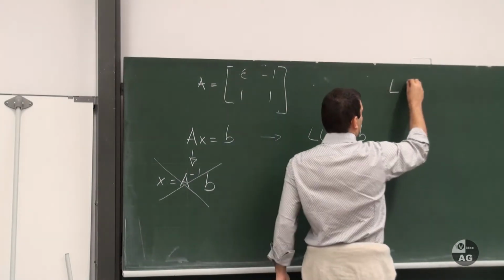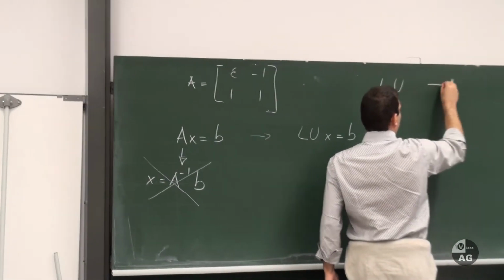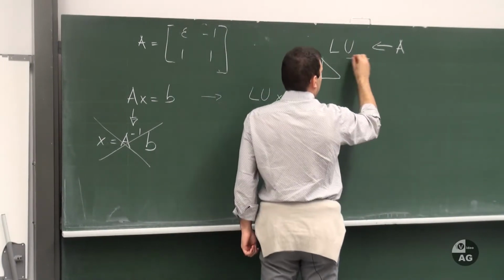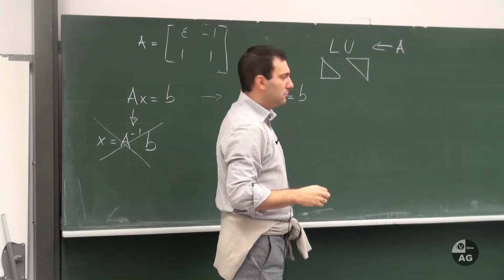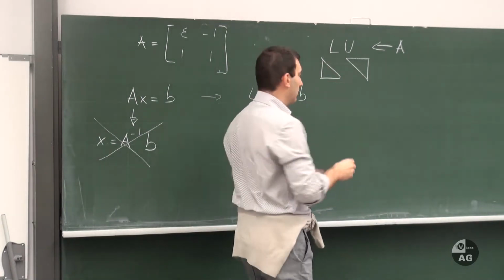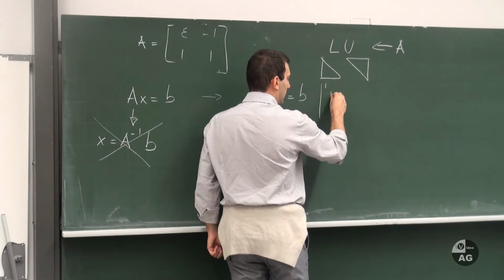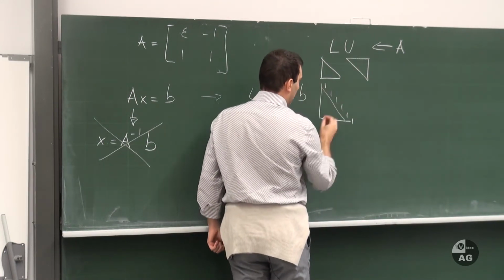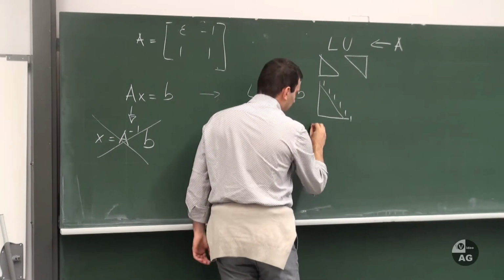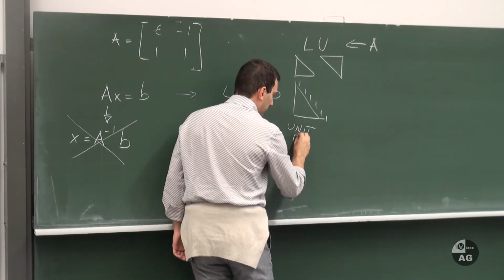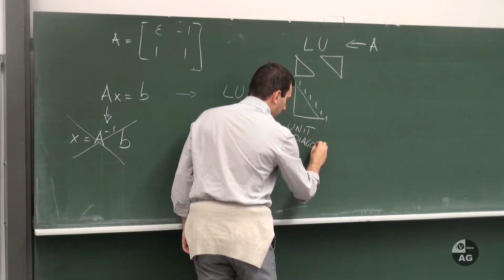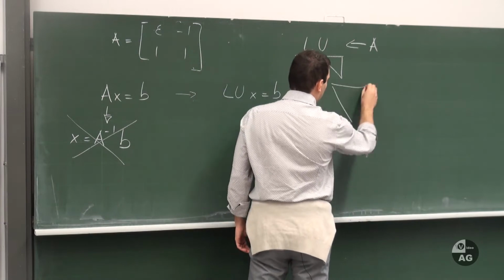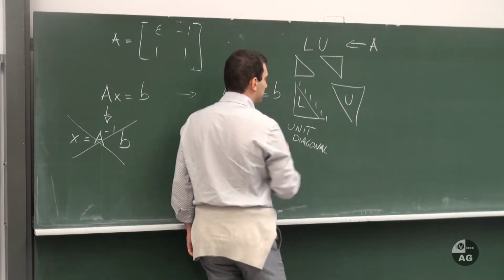We start from a matrix A, and we compute a triangular matrix L and another triangular matrix U. L is lower triangular, and it has ones on the diagonal, so you can say it is unit diagonal, while U is upper triangular.